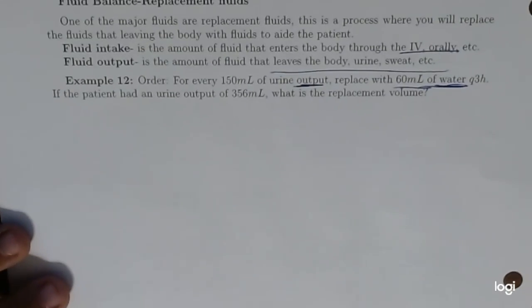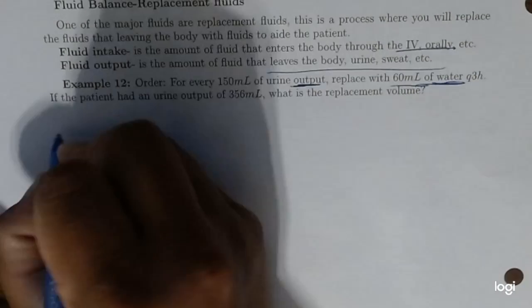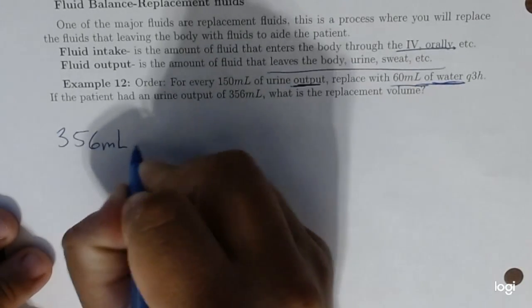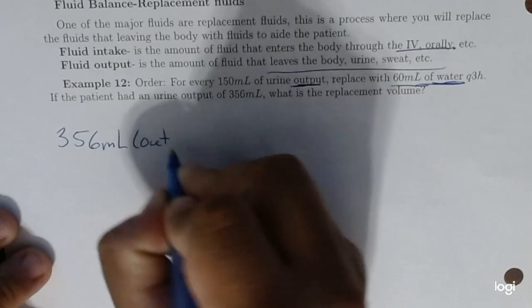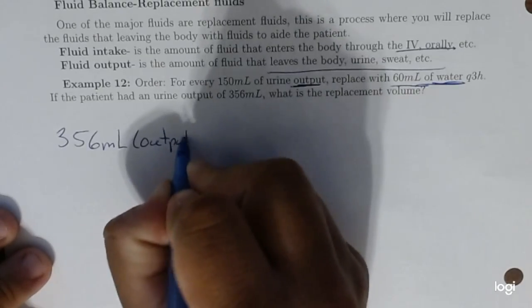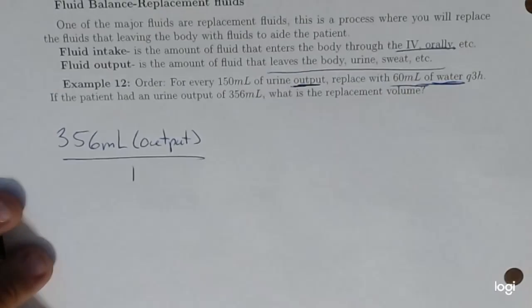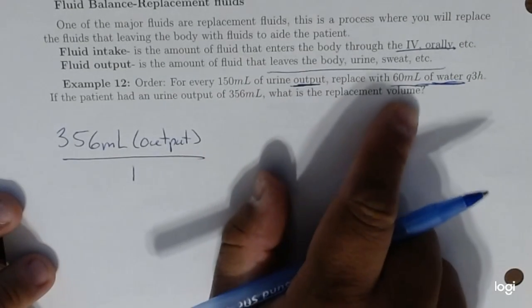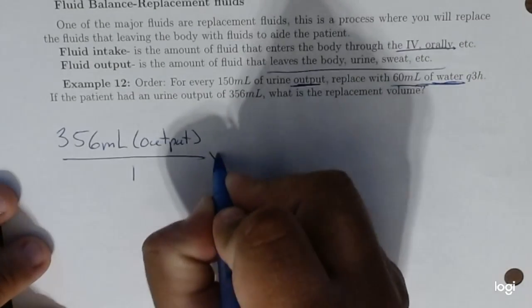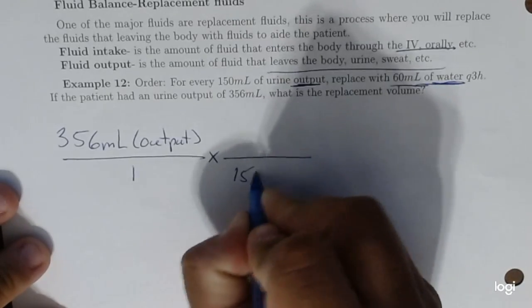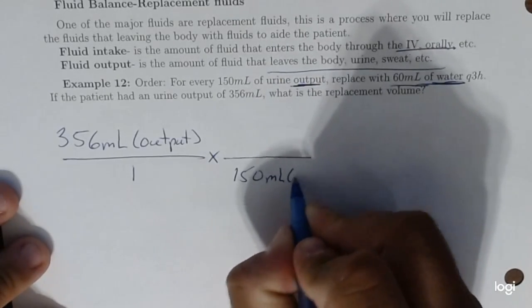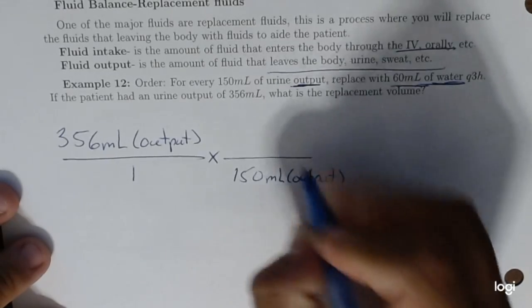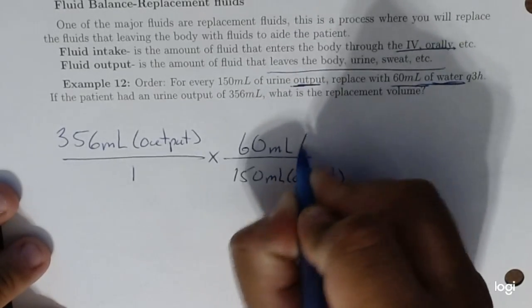Okay. So if a patient has a urine output of 365 milliliters, what is the replacement volume? Okay, so it's the same exact process. We're always using what we're given. So what we're given is this patient had 365 milliliters of output. Okay. Now our equivalency is for every 150 output, we replace with 60. So remember, we want to cancel our output, so we know for every 150 milliliters out, there are 60 milliliters of input.